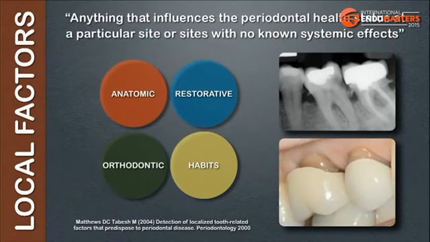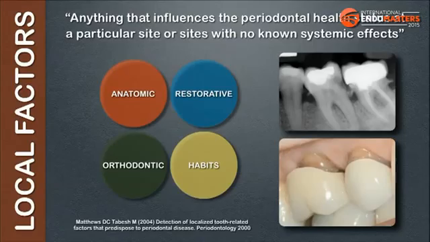Local factors. In clinical exploration, it is very important to be aware of the presence of local factors. A local factor is defined as anything that influences the periodontal health status at a particular site or sites with no known systemic effects. These may be anomalies in the root anatomy or iatrogenic features.